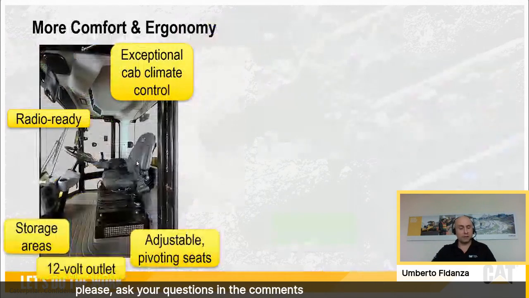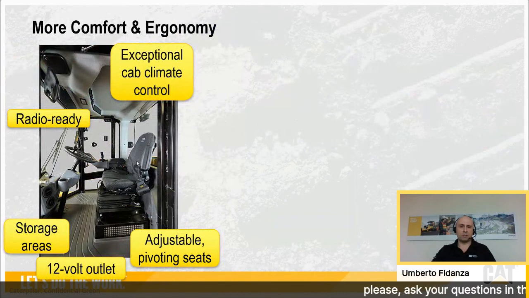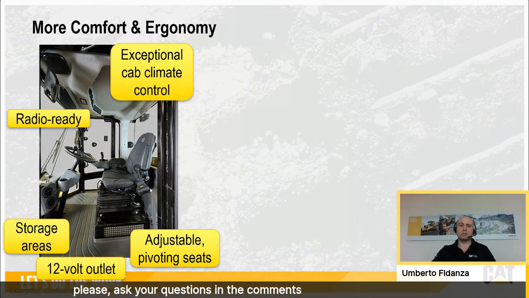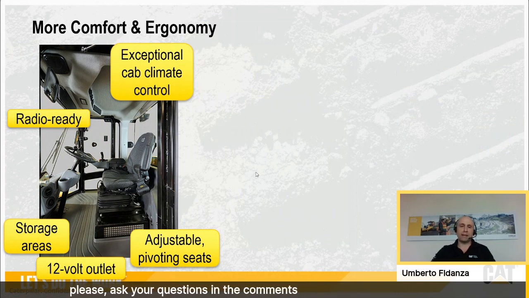We also have a lot of comfort and ergonomy with a cab that has exceptional cab climate control, adjustable pivoting seats for optimal operator comfort, 12-volt outlets for cellular phone recharge, storage areas, radio ready.